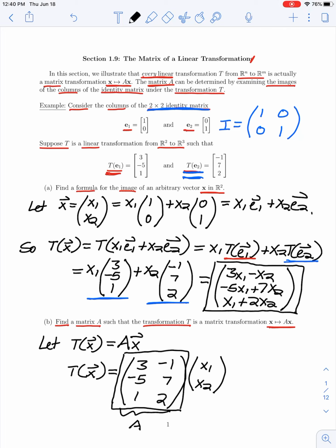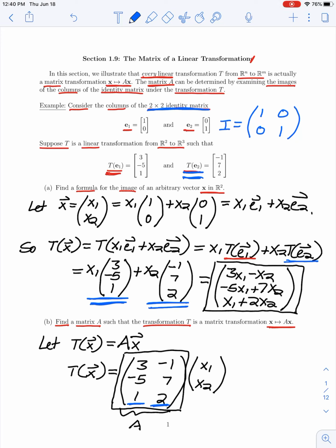One thing that I want to stress in this first example is notice that the columns of this matrix A are exactly the two vectors (3, -5, 1) and (-1, 7, 2).